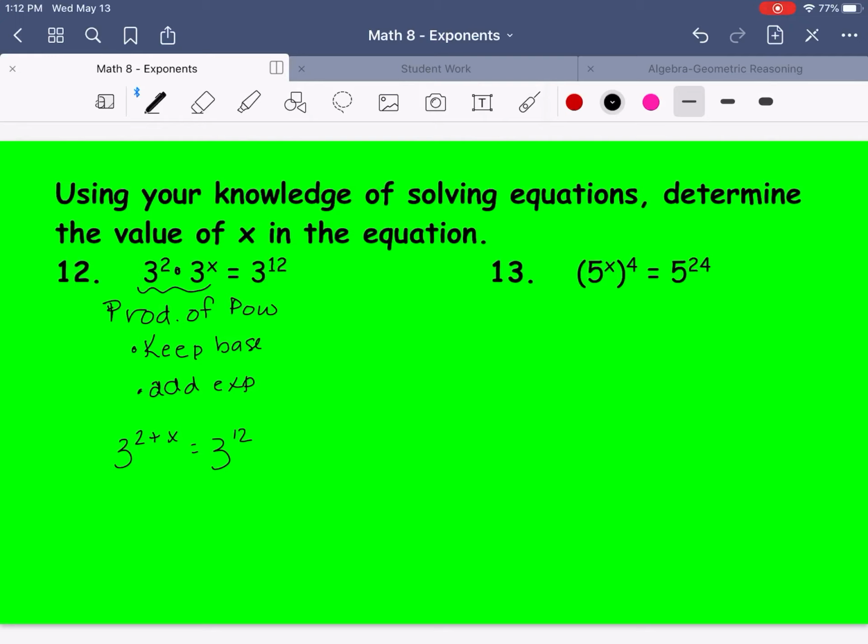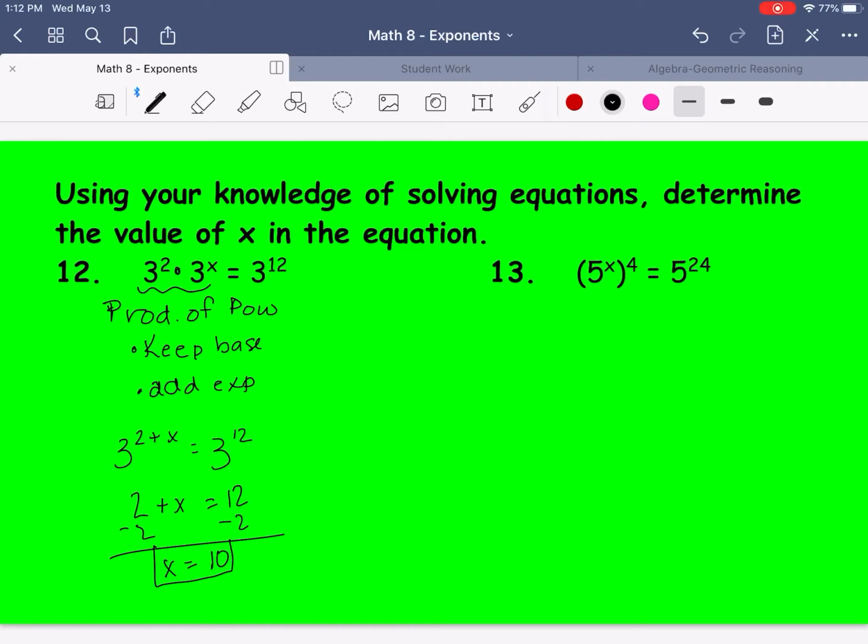So 2 plus x has to equal 12. So what does that x have to equal then? Well, you could set it up like this if you need to. 2 plus x has to equal 12. And so that means our x value is 10. And that's all there is to that.